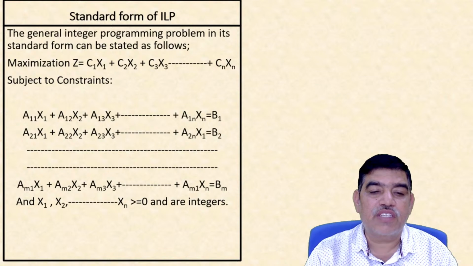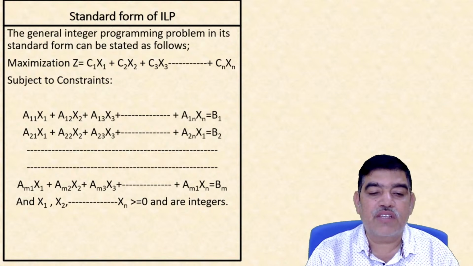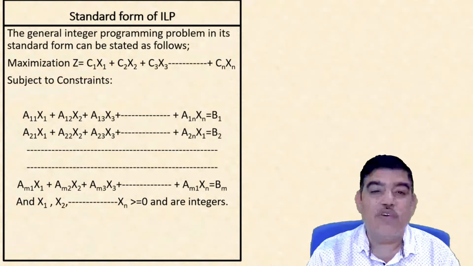Similarly, am1 x1 plus am2 x2 plus am3 x3 up to amn xn equal to bm, and x1, x2 up to xn must be greater than or equal to 0, meaning positive, and integer in an integer linear program. That is the only restriction. That is the only difference between the linear programming problem and the integer linear programming problem.